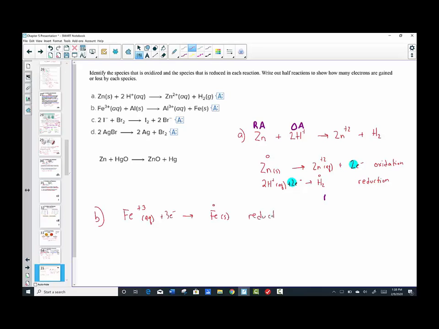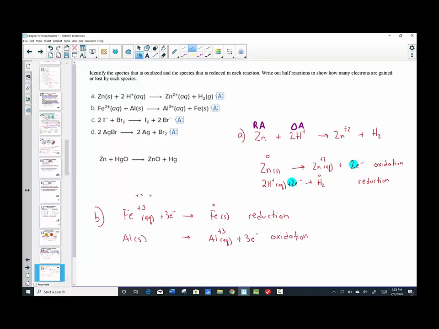That's a reduction half reaction. The other element is aluminum. Started as a solid and went to an aqueous ion of a +3 charge. To do that, it lost 3 electrons. We want to keep the charges balanced, so that's an oxidation process.